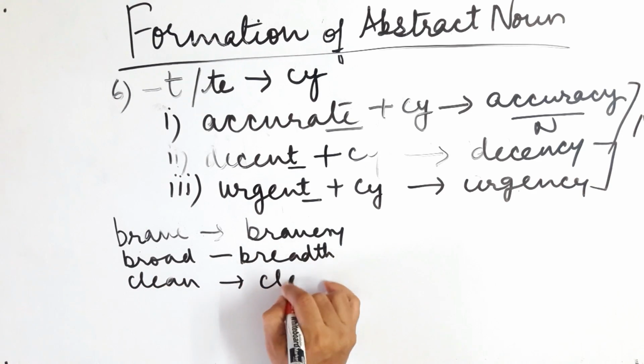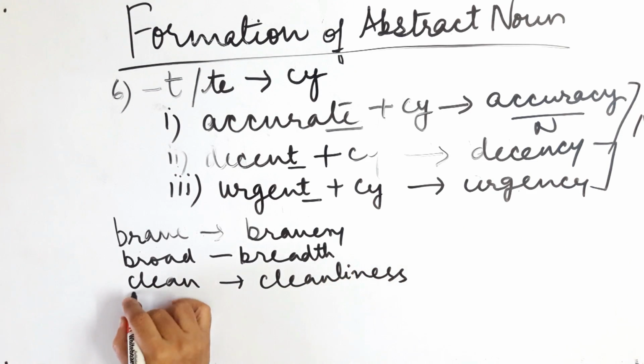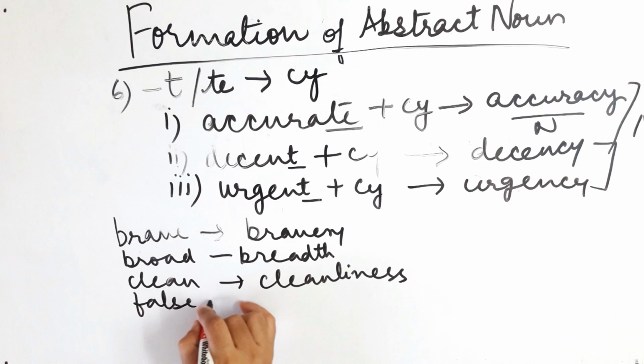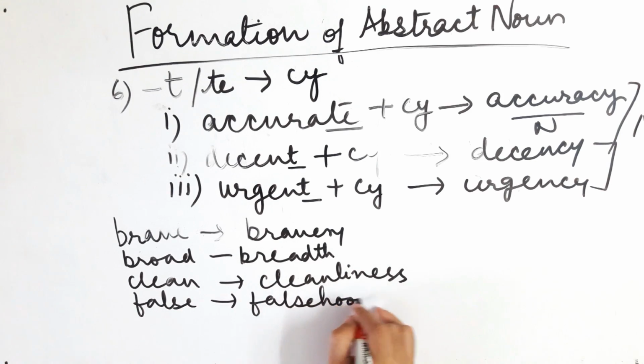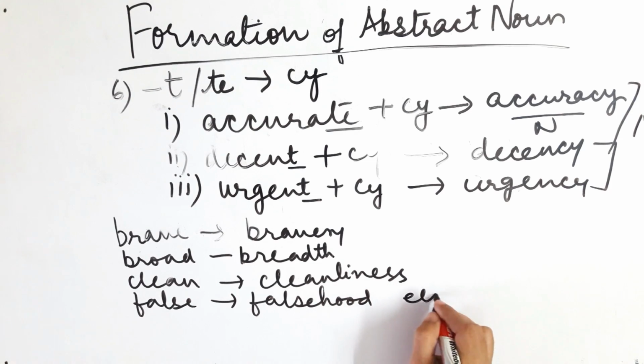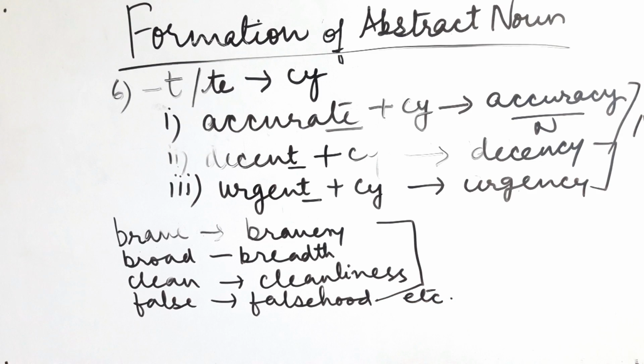It becomes cleanliness. Then I have a word like false. It becomes falsehood. So there are so many other words also. These do not fall in any of the categories mentioned above, but yet they are changed into nouns.